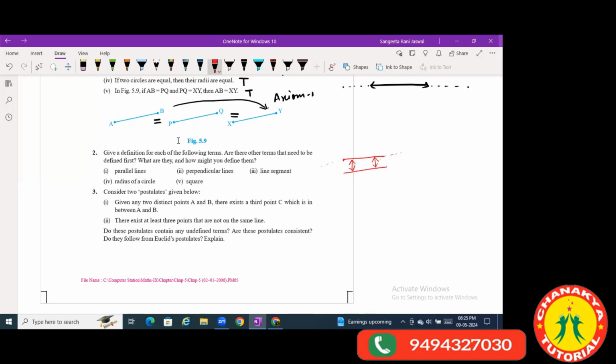And to understand parallel lines, we need to understand intersecting lines also, because there are only two options. When we study lines, either the two lines intersect or they are parallel. So what we need to define first before parallel lines is a line.